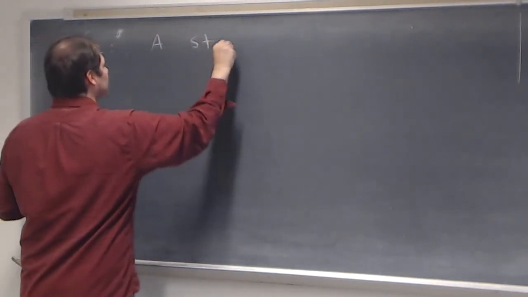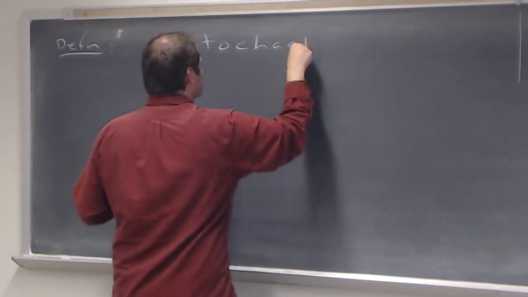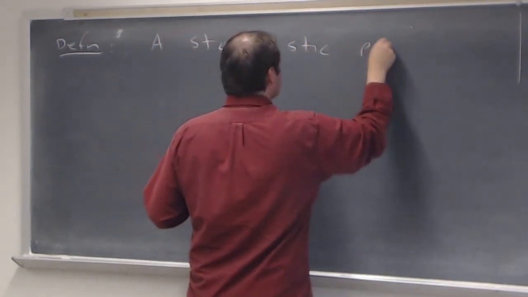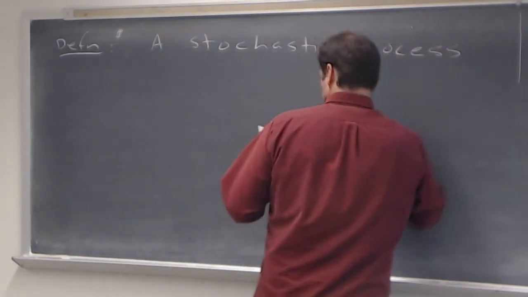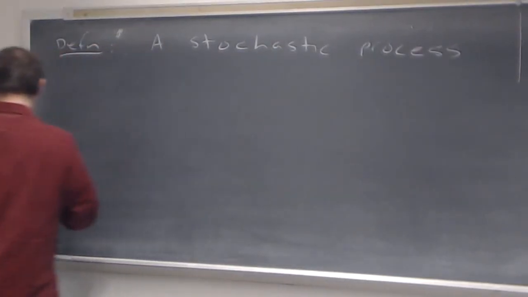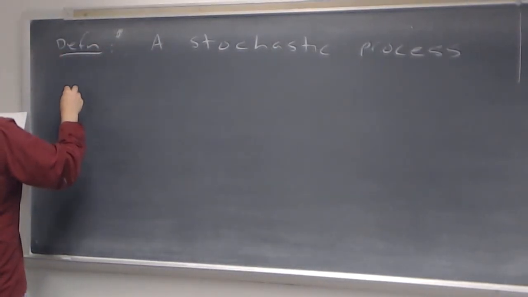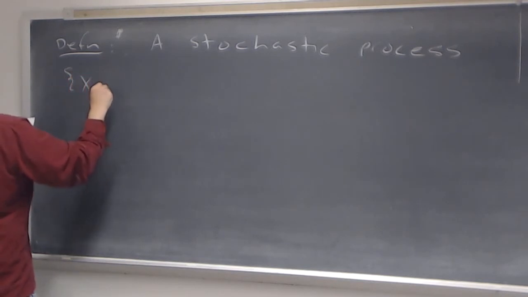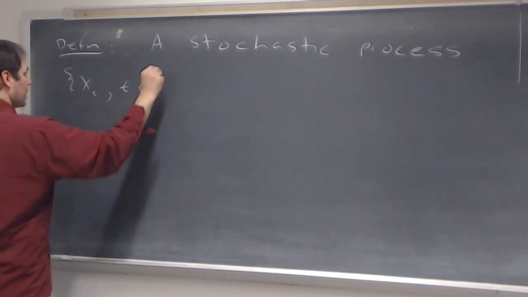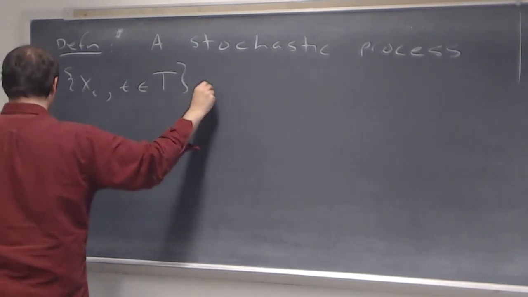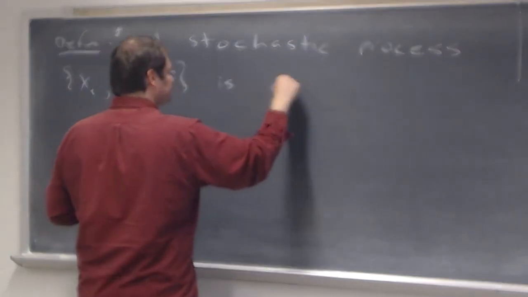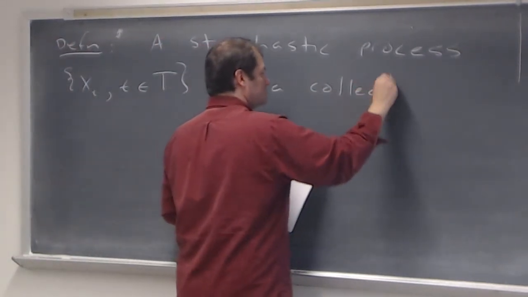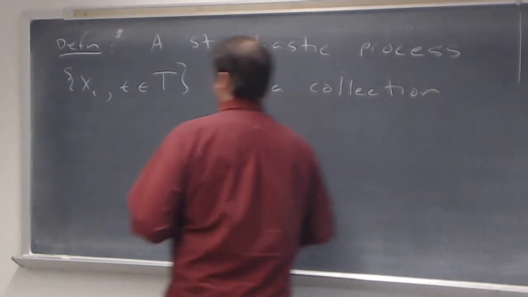A stochastic process X of t, with t being an element of an indexing set T, is a collection of random variables.